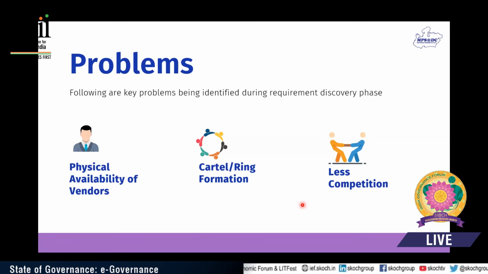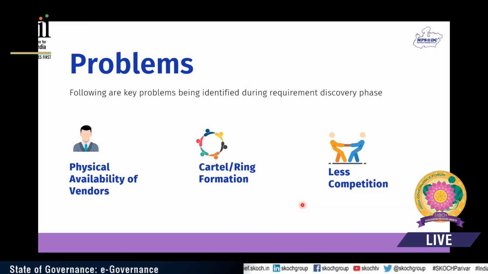So they form a cartel or ring, and this activity leads to the failure of the auction.